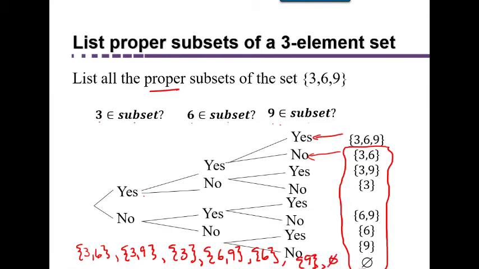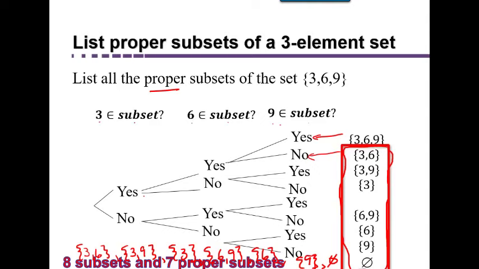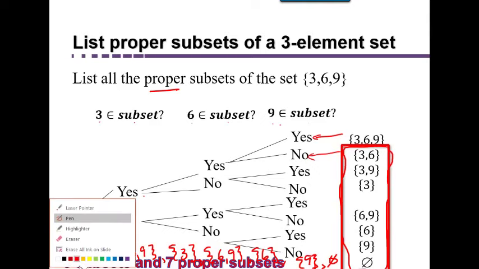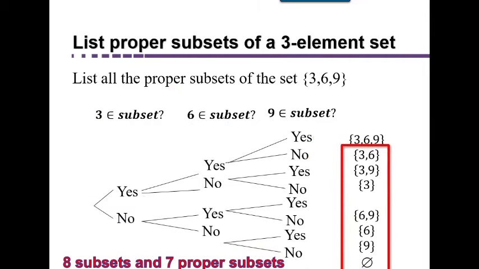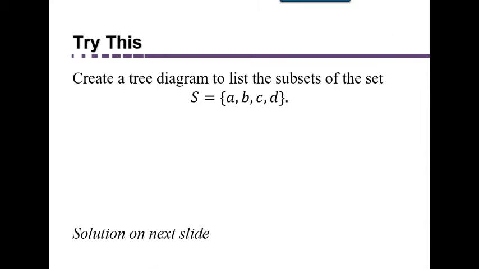So when we're asked to list all the proper subsets, we've used this method of systematically listing out all the subsets, but we only want the proper subsets. So here are our proper subsets.